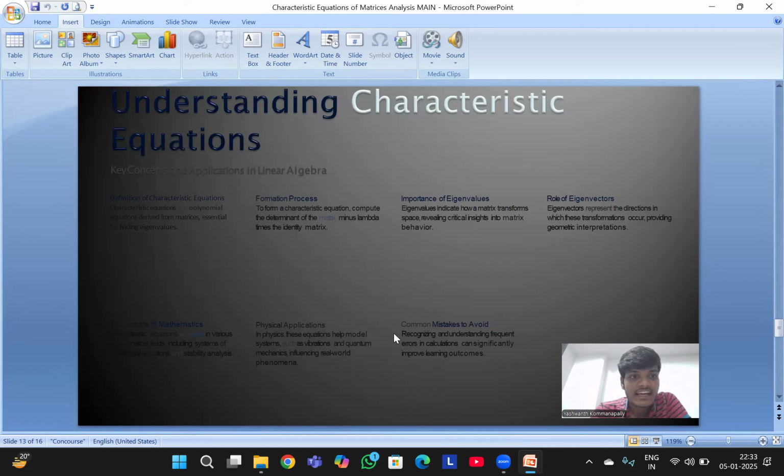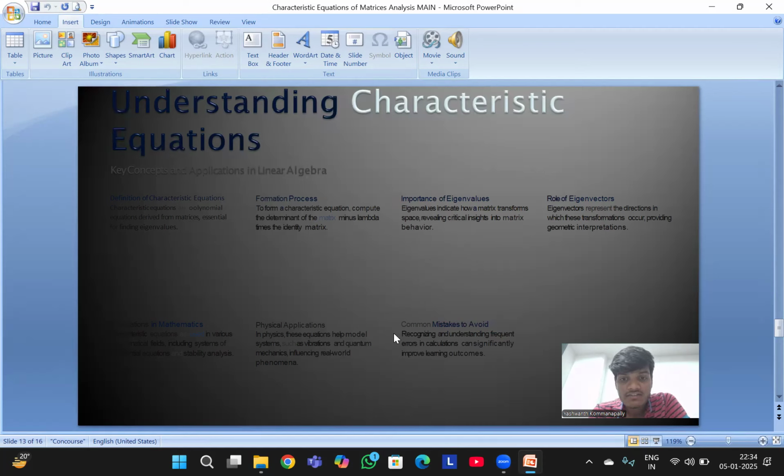Next, understanding characteristic equations. First, the definition of characteristic equation, which we already know. The formation process: to form a characteristic equation, compute the determinant of the matrix minus lambda times the identity matrix, equal to 0. Importance of eigenvalues and the role of eigenvalues. Common mistakes: what are the common mistakes and how to avoid them?